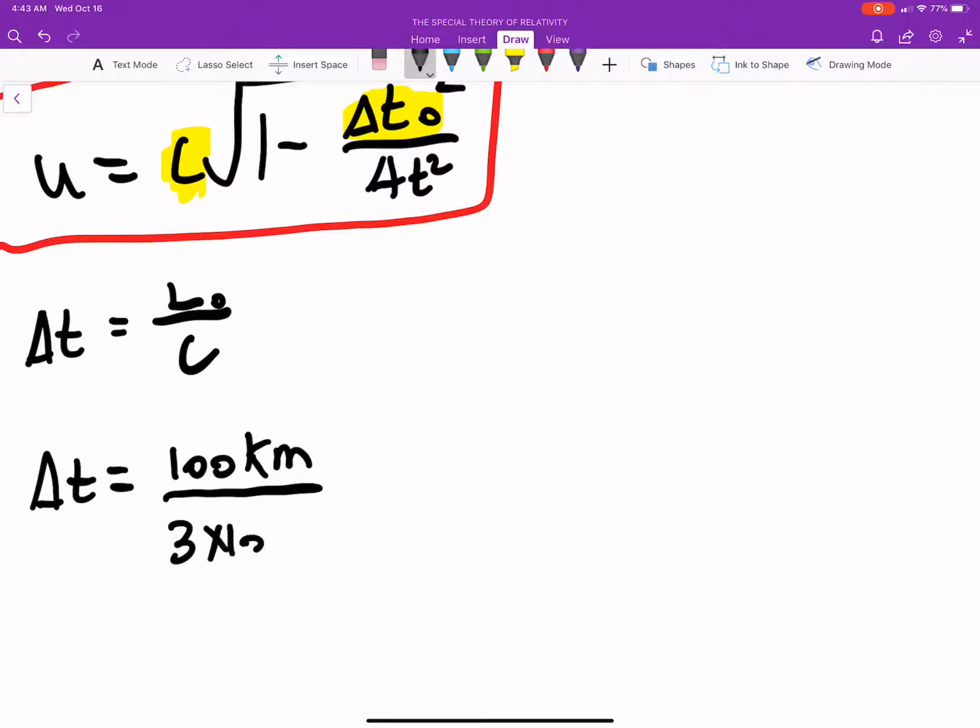Times 3 times 10 to the 8th meters per second. 1 kilometer is 1,000 meters. Okay, so let's plug that in.